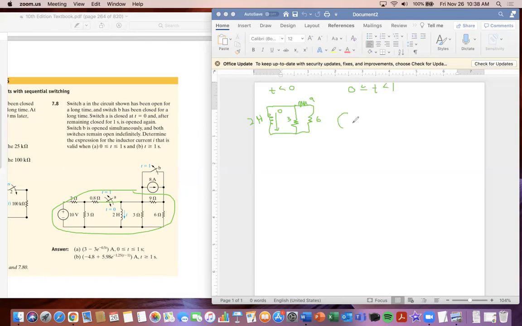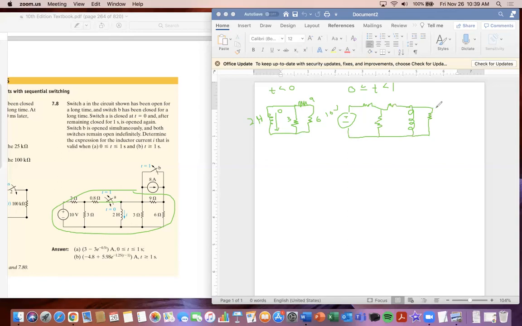So we have this 10-volt source, and then this resistor, 2 ohms. Have this 0.8 ohm. We have this 3 ohm. Have this 2 Henry. Have this 3 ohm here.